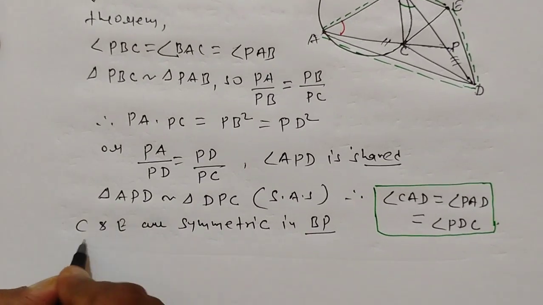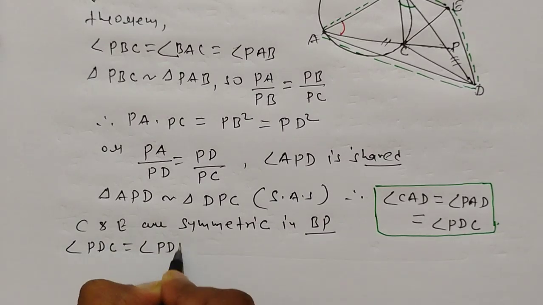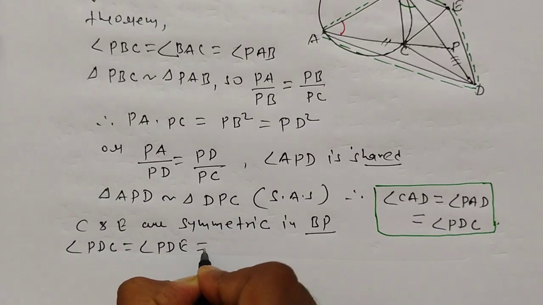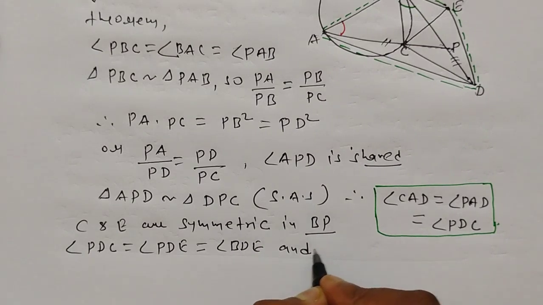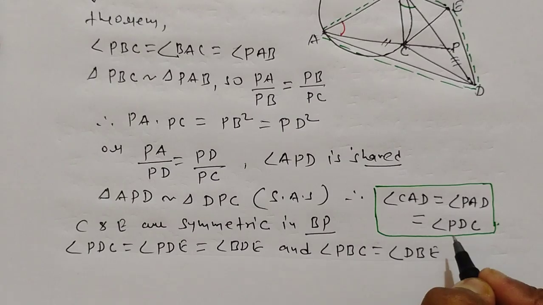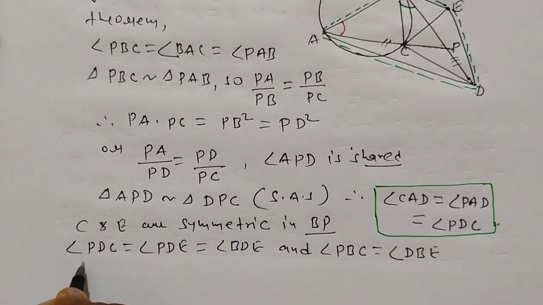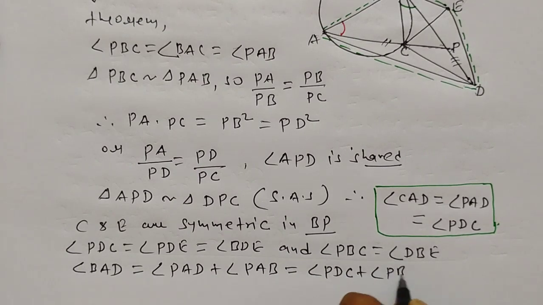So we can say in BP, and this will imply angle PDC is equal to angle PDE, and this will be equal to angle BDE, and also angle PBC is equal to angle DBE, and now angle BAD must be equal to angle PAD plus angle PAB, and this will be equal to the same as angle PDC plus angle PBC.